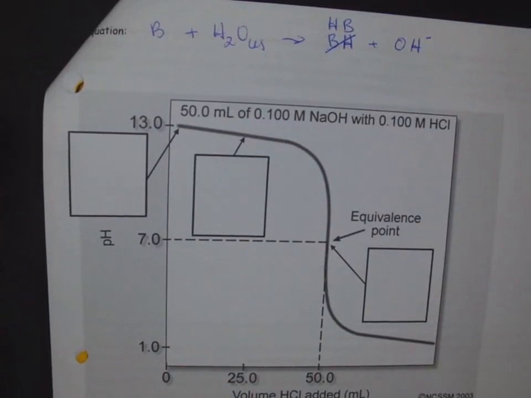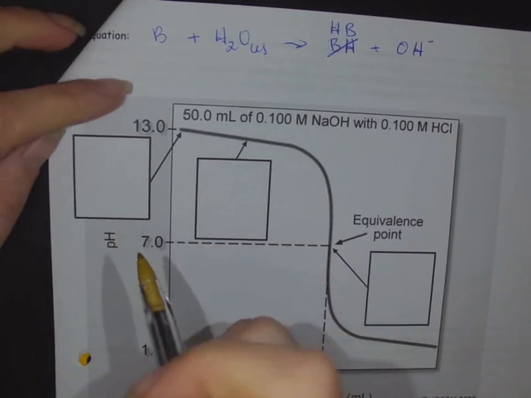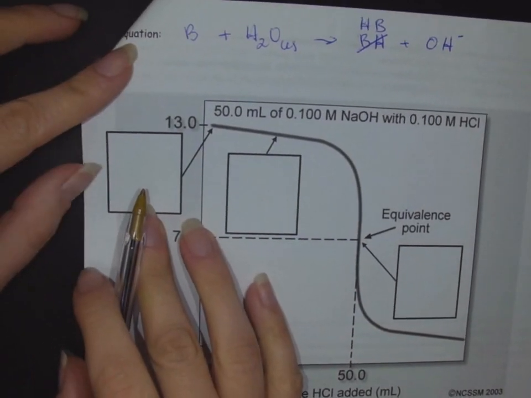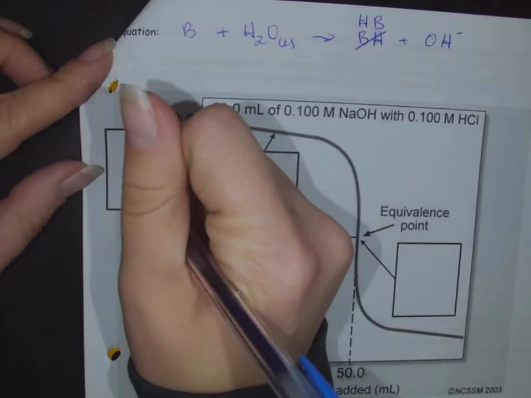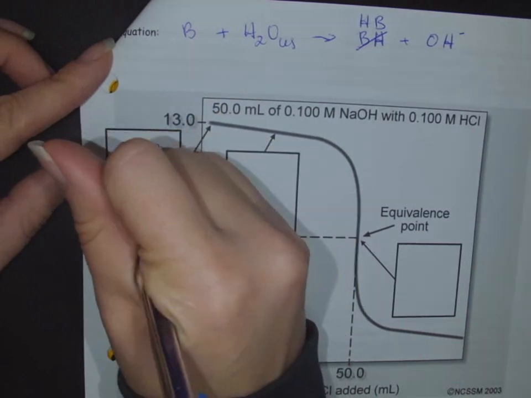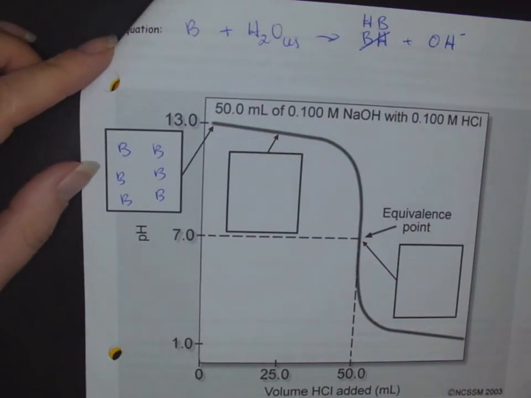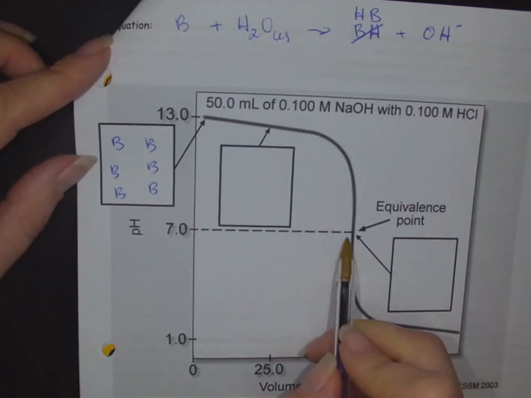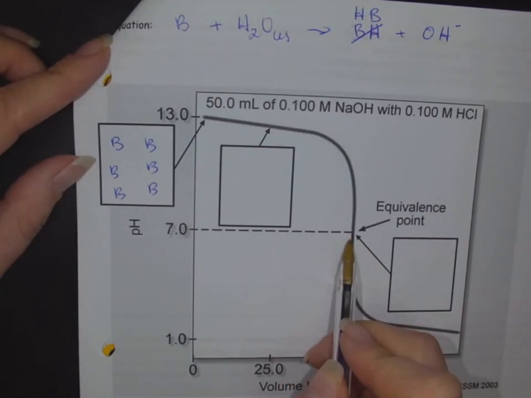So at this point, similar to what we had seen before, but we're starting with only base. Let's do 6 of them again. At the equivalence point, we know that the moles of the base equal the moles of the acid.